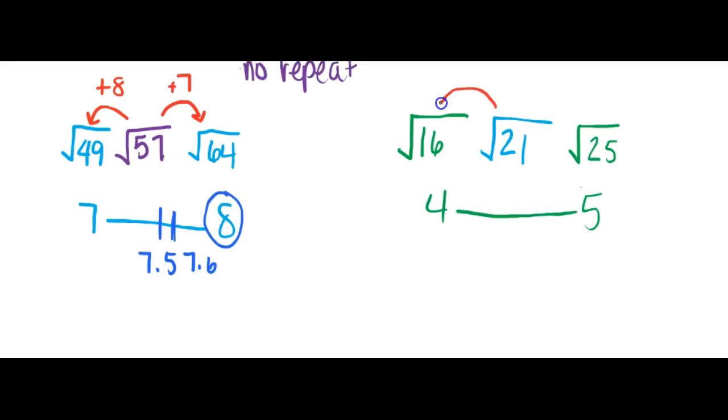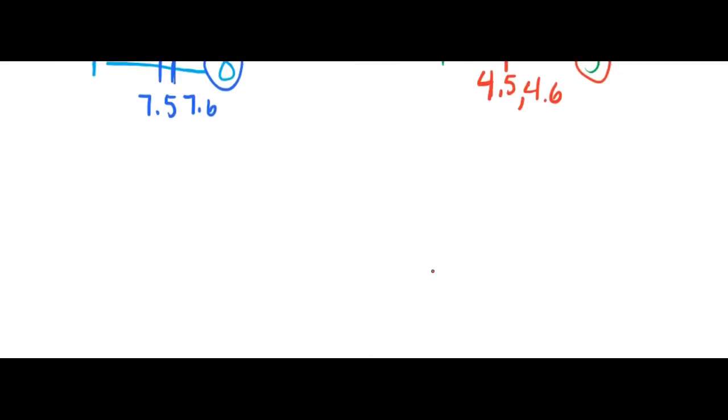The difference here is going to be 5, and the difference here is going to be 4. I am getting really good at picking the numbers that are in the middle for some reason. And it's closer to 5. So I might say 4.5, 4.6, something around there.